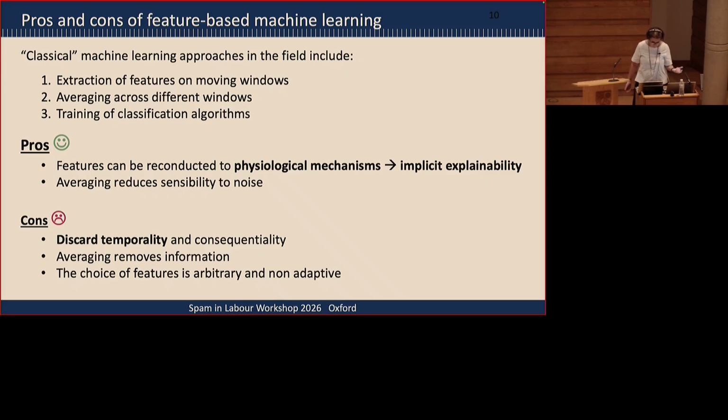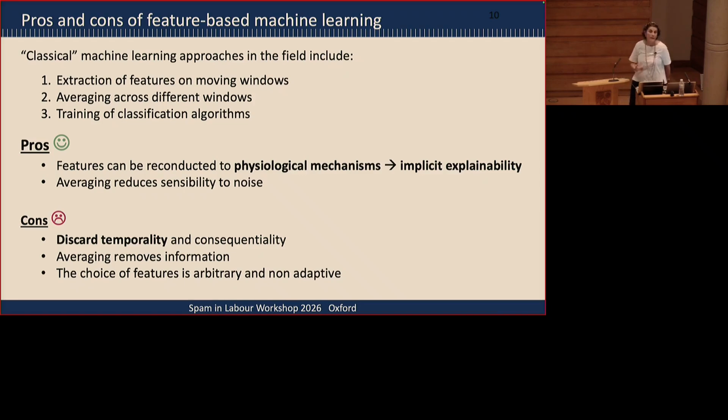Features can be traced back to physiological mechanisms, so the explainability is implicit, because if you know that something depends on some physiological event, explainability is easier. And the other point is the averaging that we used to calculate this feature can reduce the sensitivity to noise, which is always a problem inside the signals.